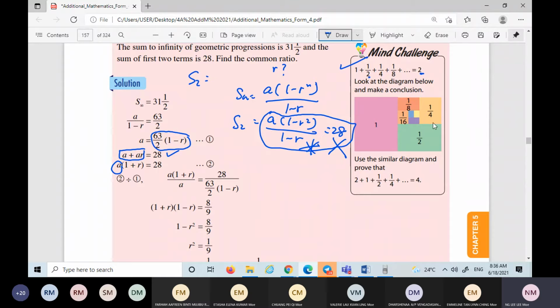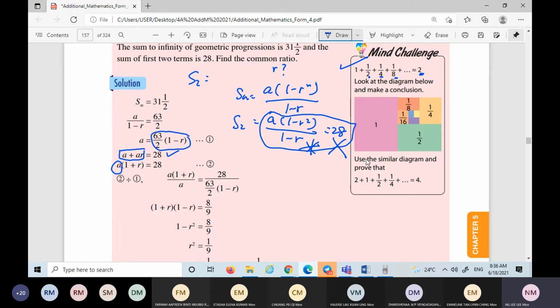Then the balance of half is cut into half, so this is the 1/4, which is the third term. Then the balance is cut into half again. This is 1/8, which is the fourth term, and continue and continue, smaller and smaller. Up to your imagination. Then it ends up that this is 1, this is another 1, so the total is 2. This is how you get 2.